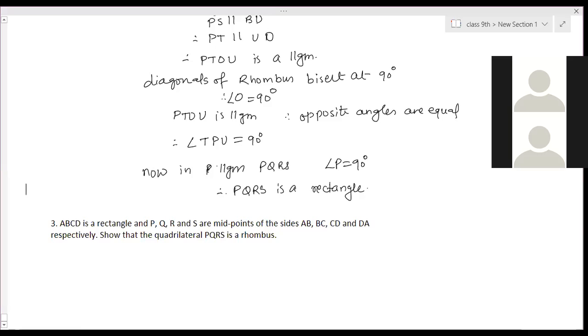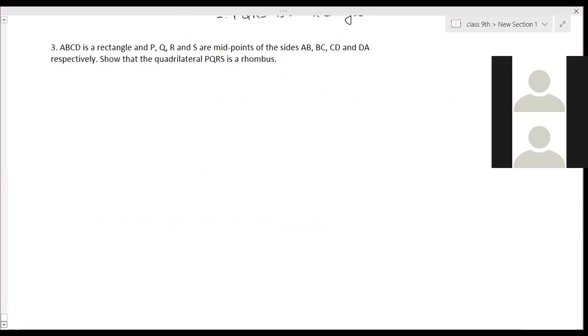Now converse of that. The same thing, opposite way. If ABCD is a rectangle, and P, Q, R, S are midpoints of AB, BC, CD, DA, show that quadrilateral PQRS is a rhombus. Method is same. First we have to show PQRS is a parallelogram.